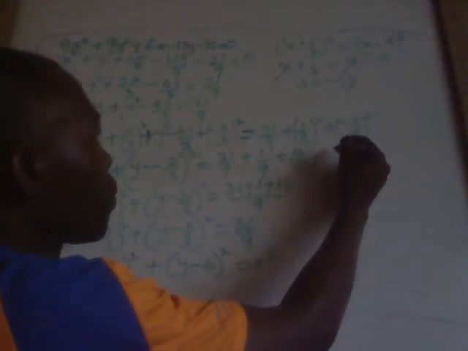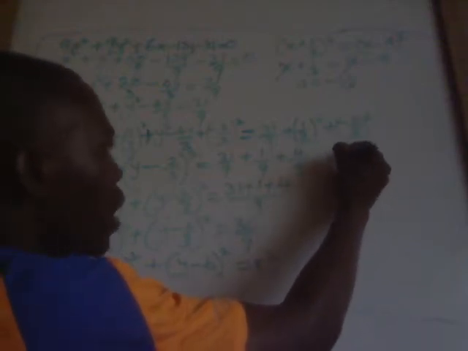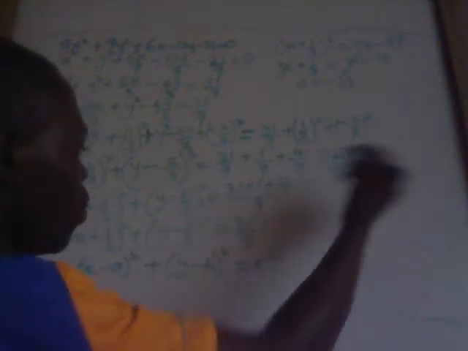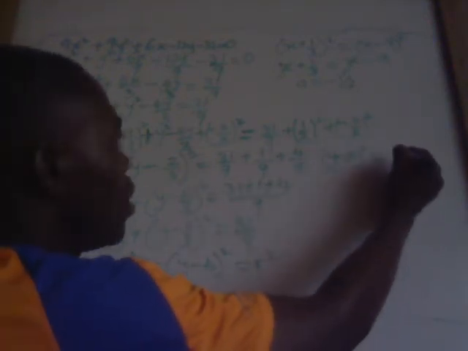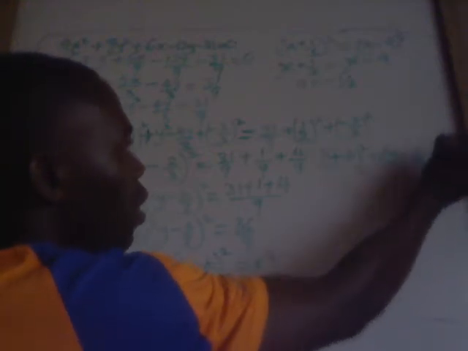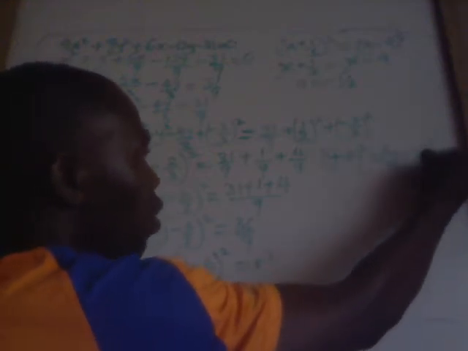You compare y minus b all squared with y minus 2 over 3 all squared. So y minus b all squared equals y minus 2 over 3 all squared. Square rooting both sides, the squares on both sides are removed.